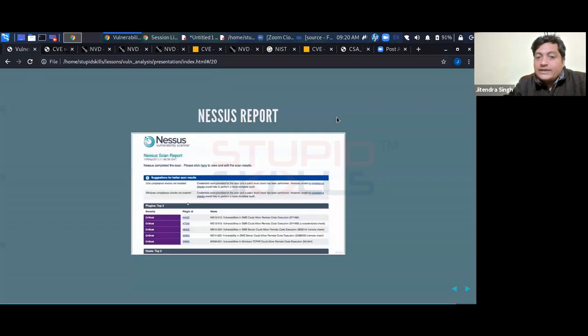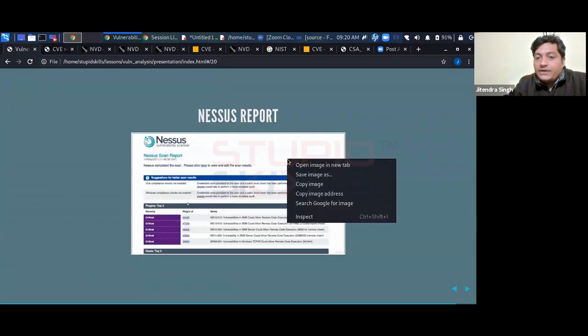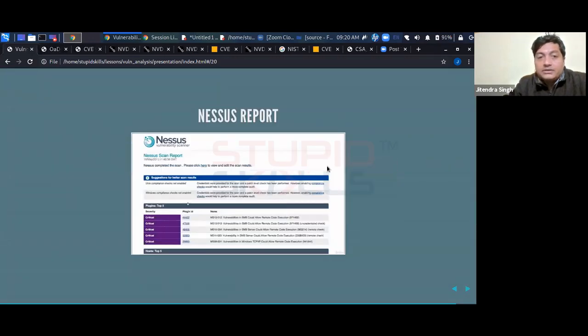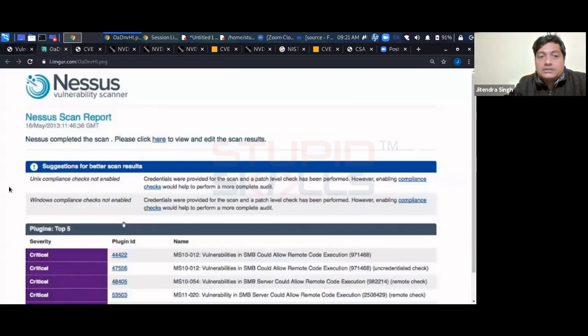So this is just one example, which I have taken from the internet. This is a report from a Nessus scan, which we would be covering in our labs. In this particular screenshot, you might not be able to see some suggestions, because some of the checks were not enabled for the Unix and Windows compliance.